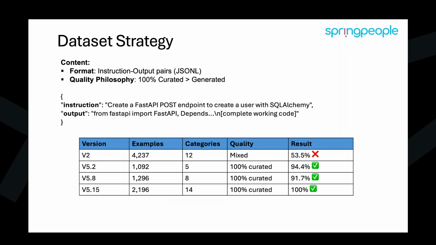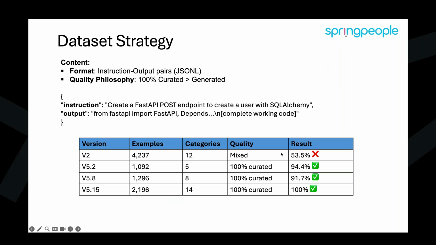Initially I had a very large set of combinations, not the ORM alone, but various other categories like JWT and pagination. But it never gave me the results that I wanted.